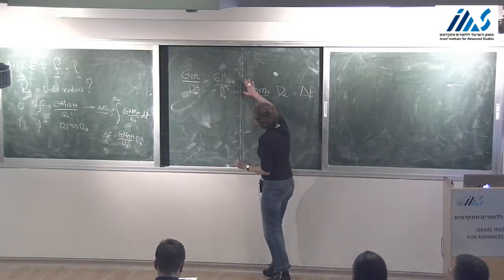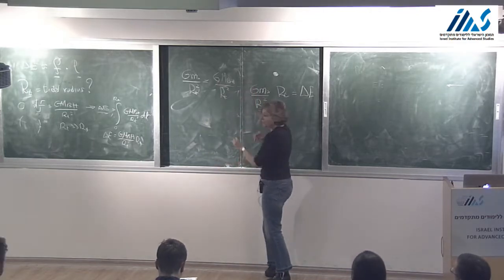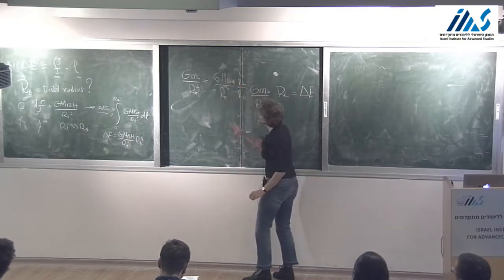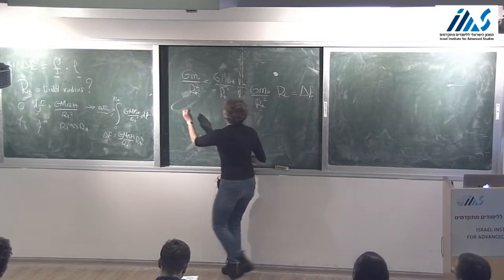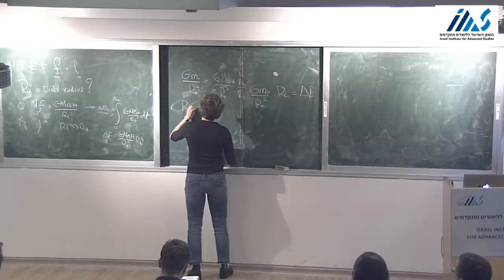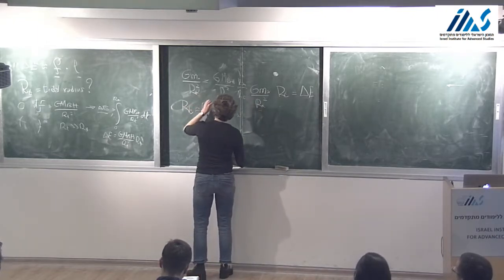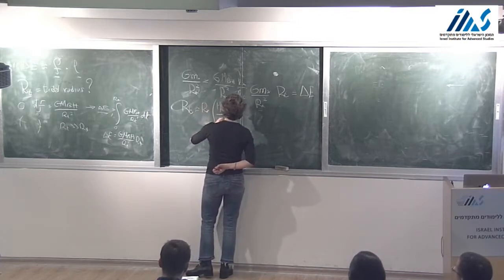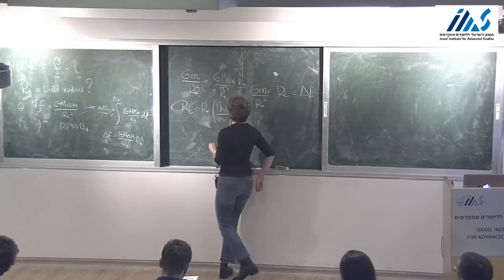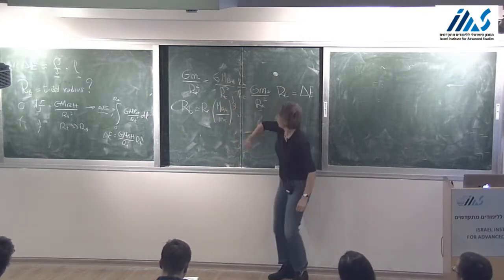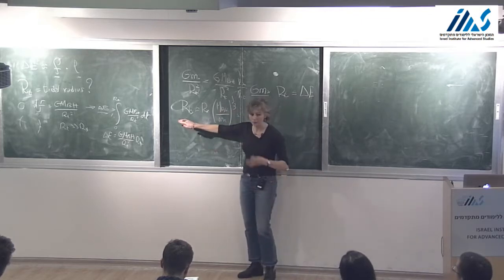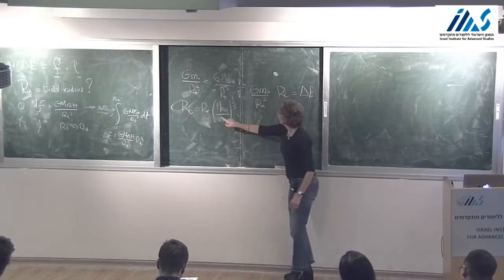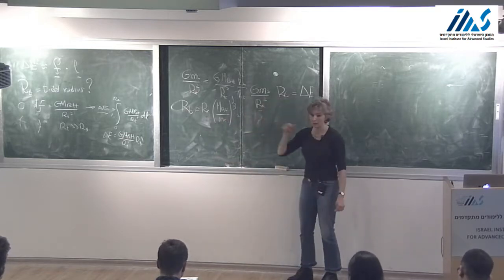But it's first order, so I need R star over R tidal. Then I rearrange, and I find that R tidal is R star multiplied by the mass of the black hole divided by the mass of the star to the 1/3. If this is 1 million, this is 100, and the tidal radius is 100 times the size of the star. And if I put it in here, I obtain the results.